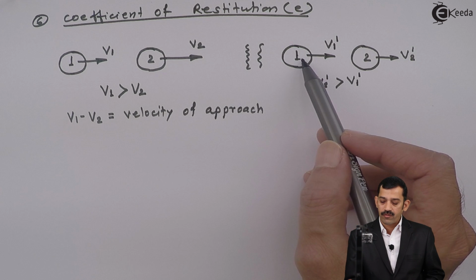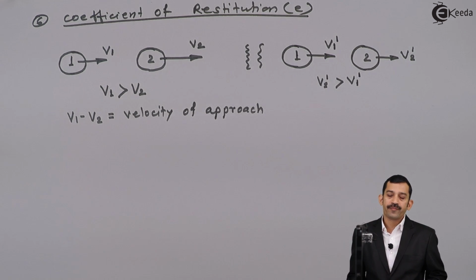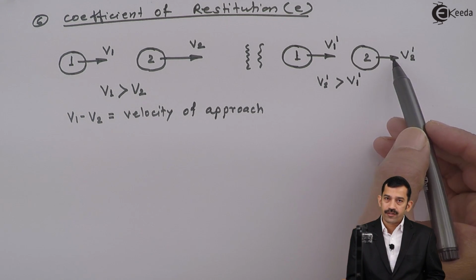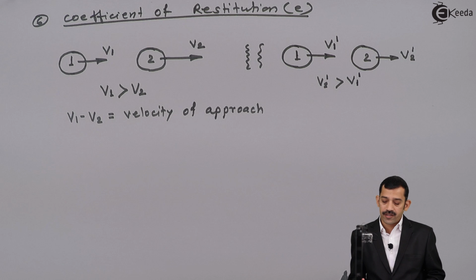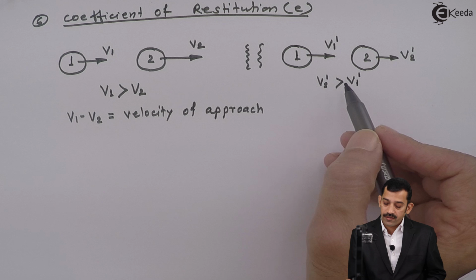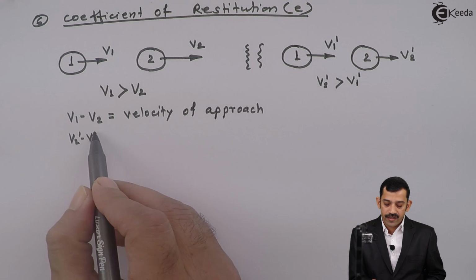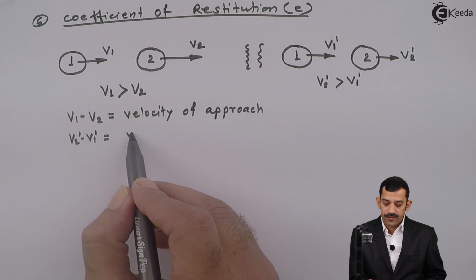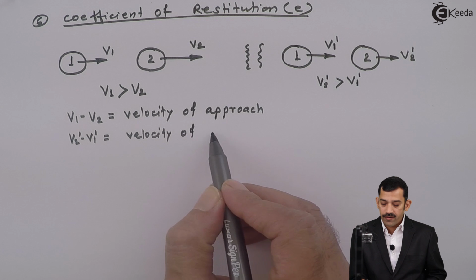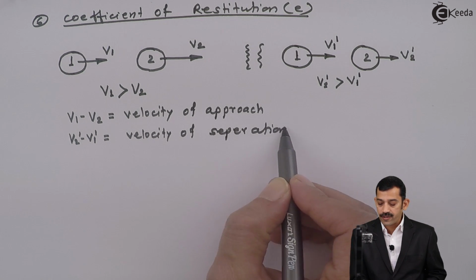Body 1 pushes body 2 in the rightward direction as its velocity is greater. If the velocity of body 1 is less and the velocity of body 2 is greater, then only separation is possible. Therefore, the difference in velocity between v2 dash and v1 dash is positive and is called the velocity of separation.